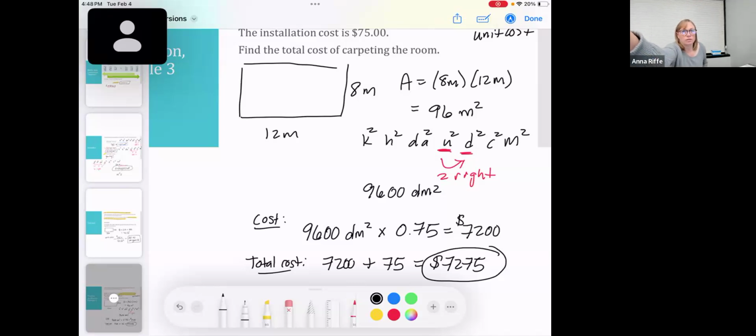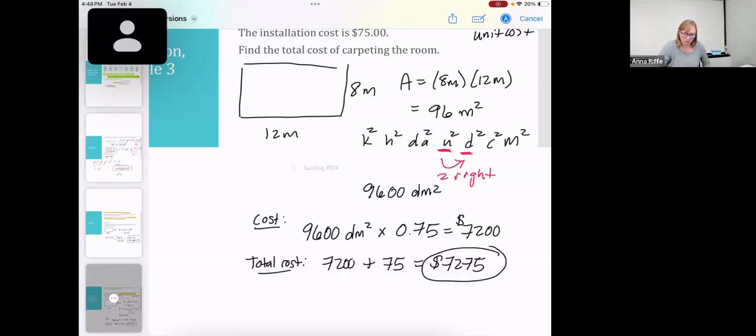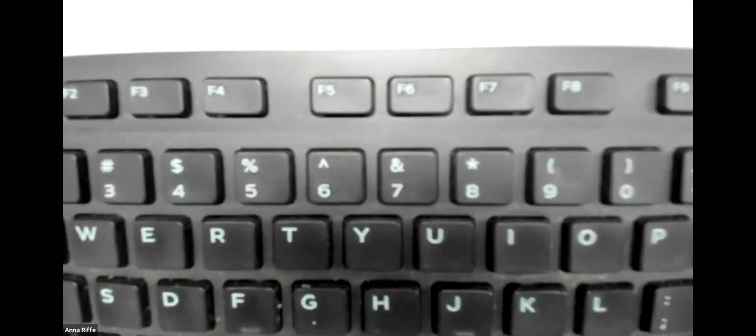Let's stop sharing here. All right. This is not the best way to do this, but here's my keyboard. And it should be with my 6. You can see the little arrow on top of that.